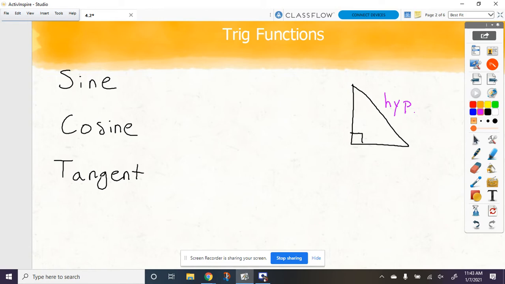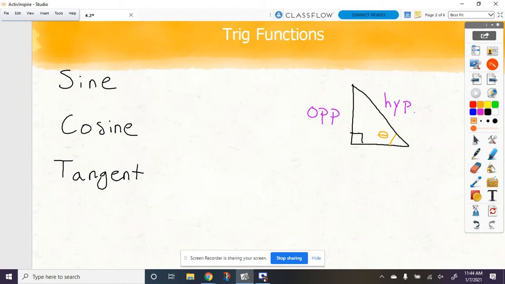All right, and then we actually need a reference angle in order to be able to label the other sides. So let's say that this bottom right is our theta. Then we can also label our other two sides. What are they going to be labeled? Opposite. Okay, which one's opposite? The one directly across from theta is opposite.